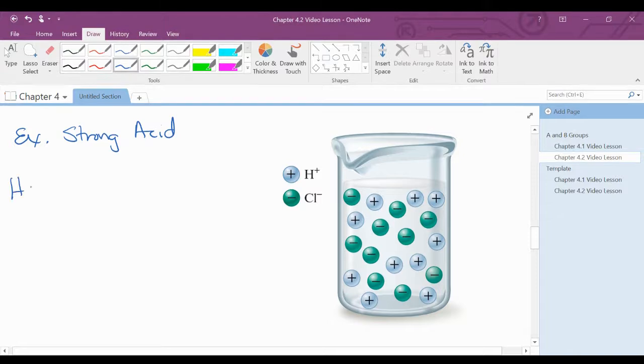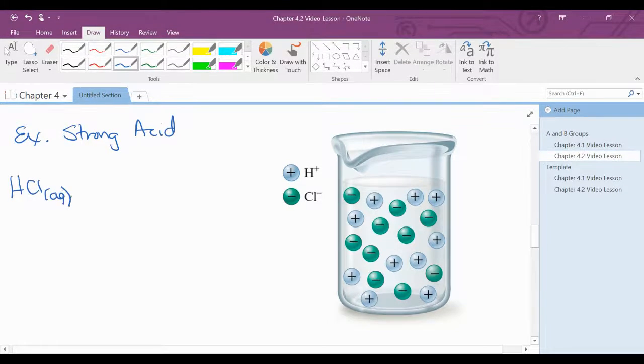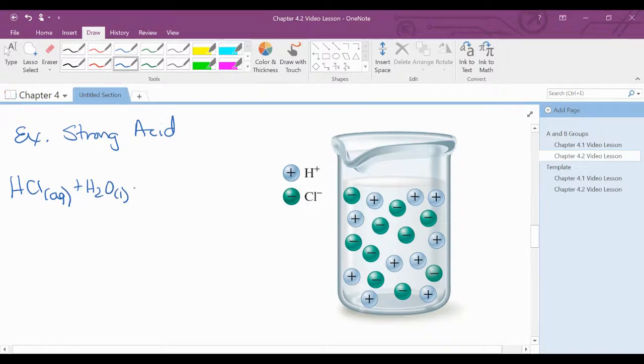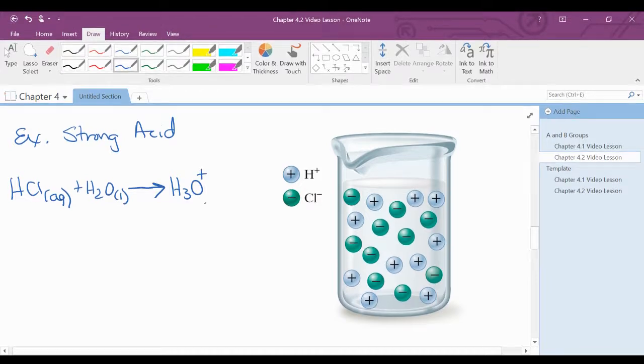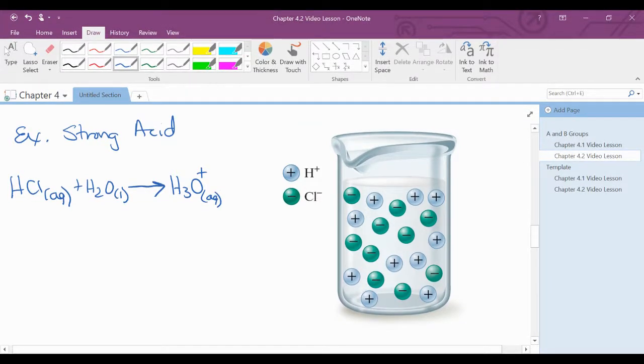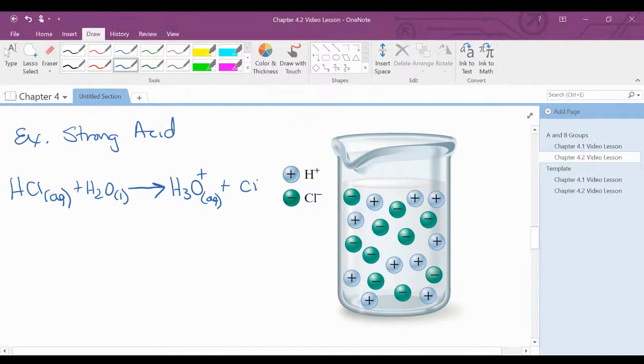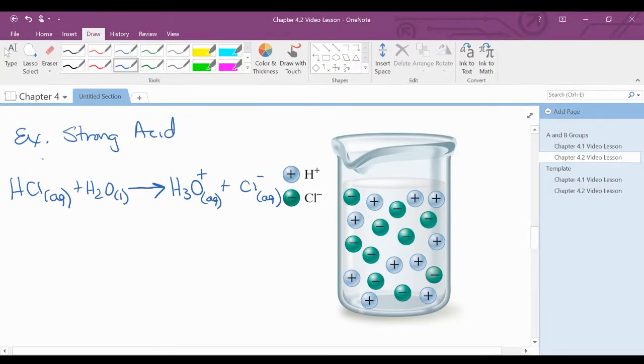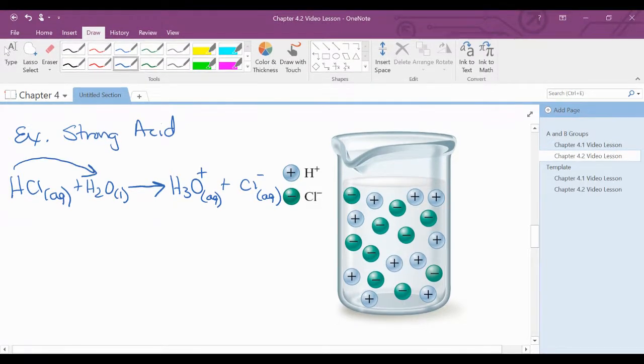Hydrochloric acid, which is aqueous, in water will form hydronium ions plus chloride anions. What happens is this hydrogen here goes to the water and you form hydronium ions, H3O plus, and chloride anions.